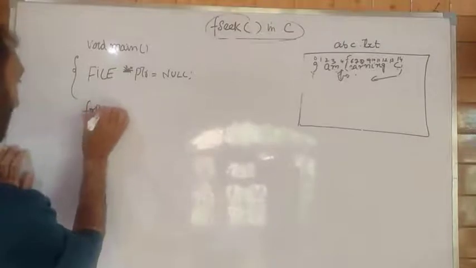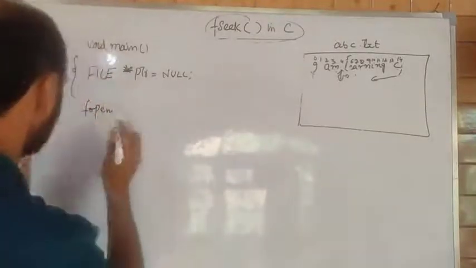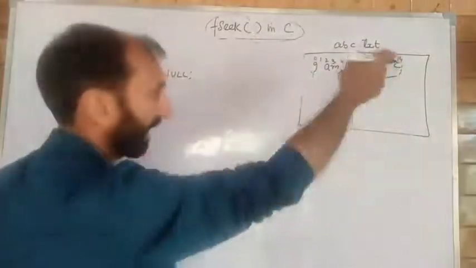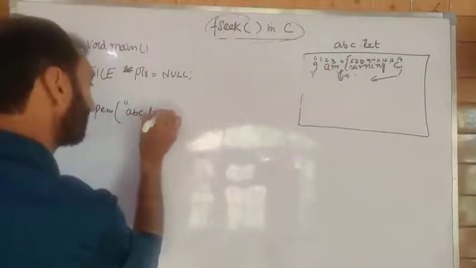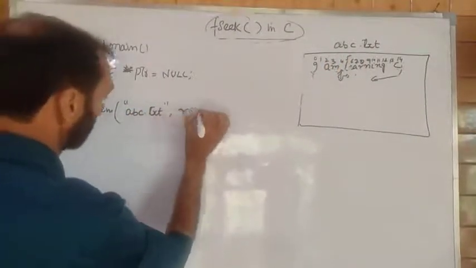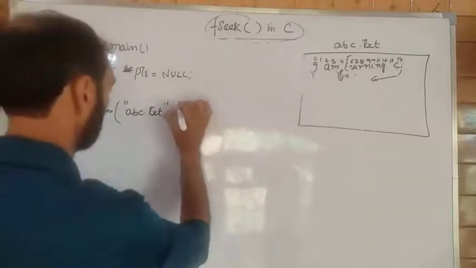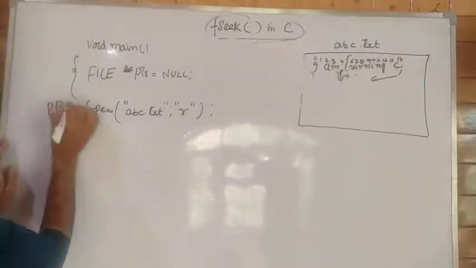The fopen function, which we have already discussed in the previous videos, takes two arguments. First is the name of the file. In this case, the name of the file is abc.txt, and we want to open it in r mode, read mode only, and it will return a pointer.